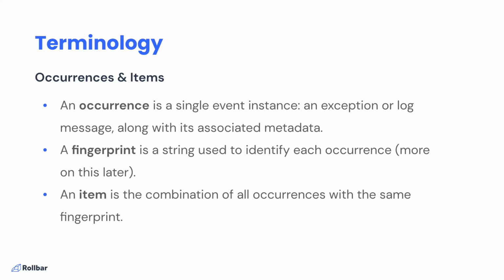All right, so 2 of these terms I already mentioned as a part of my demo. Let's make sure that they're clearly understood. So an occurrence is a single reported event. So every time the agent in the code sends something over to the platform, that is one occurrence. And we usually focus on the errors and exceptions.